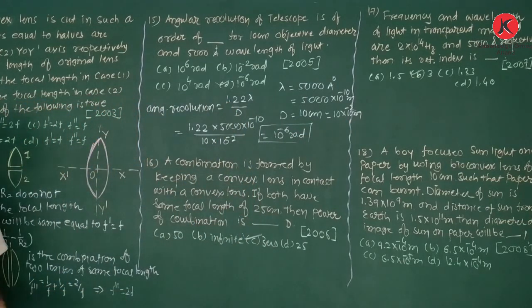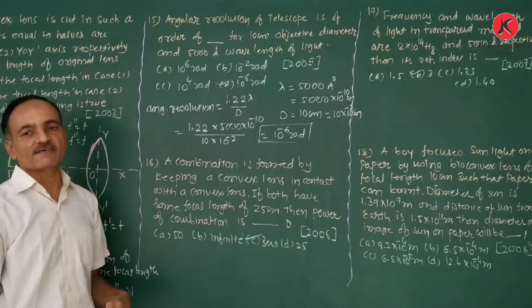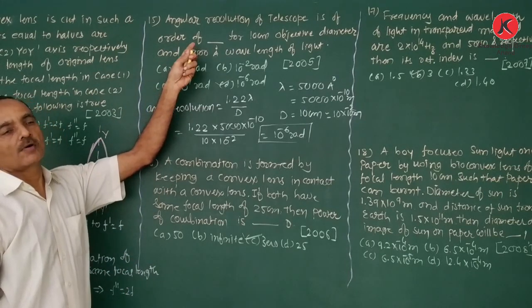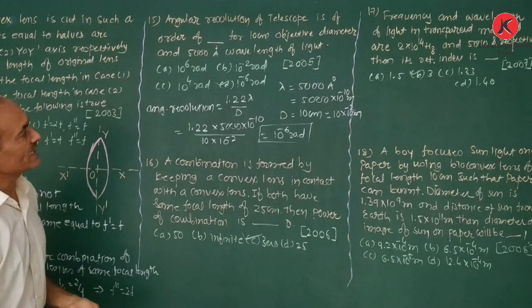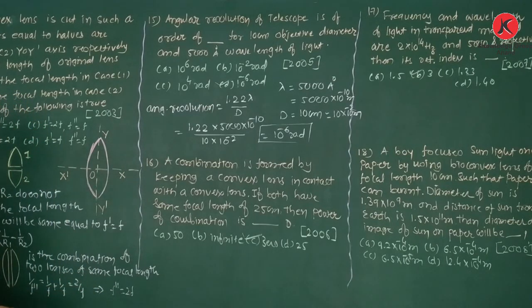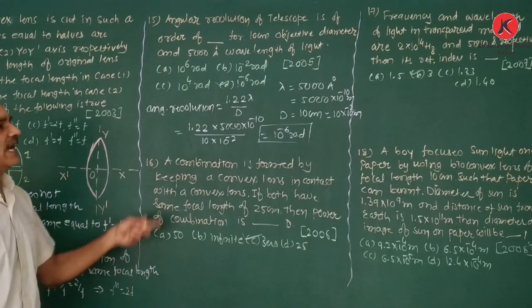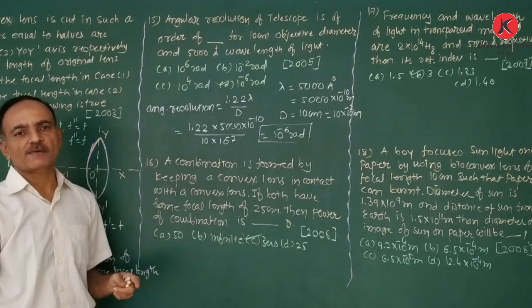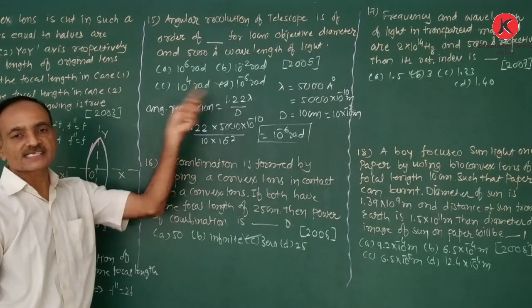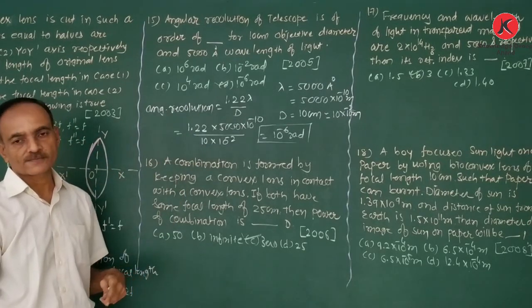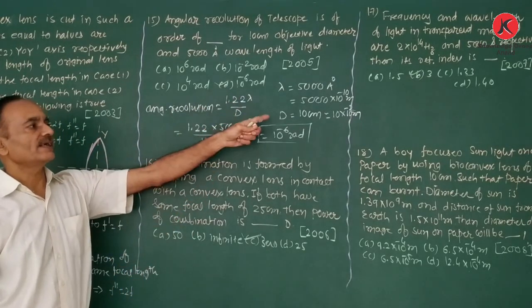Again, the angular resolution of a telescope is given is order of length for 10 centimeter objective diameter and 5000 angstrom wavelength of light. So directly we have to use the equation of angular resolution 1.22 lambda upon d. D is the diameter of an objective. Here the wavelength given, diameter given.